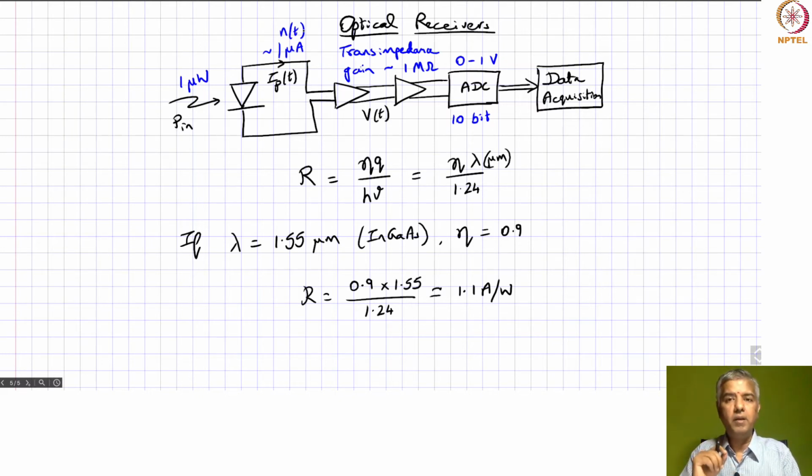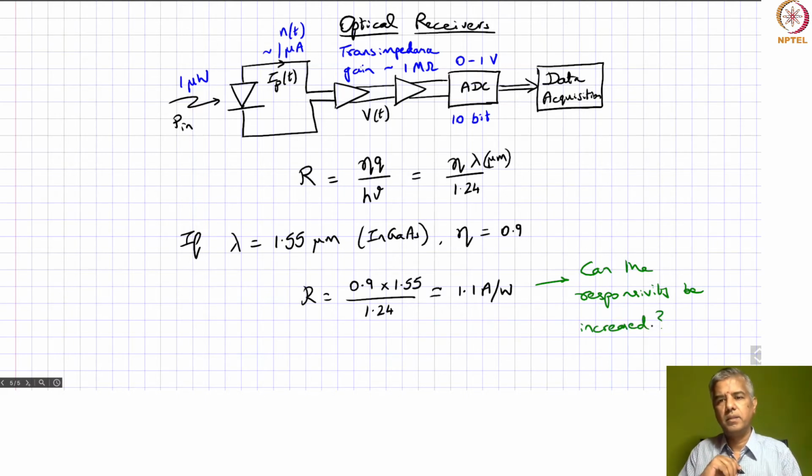So it's very, very important that you need to have as high signal to noise ratio as possible right at the front end itself. And the related question is, can the responsivity be increased somehow?